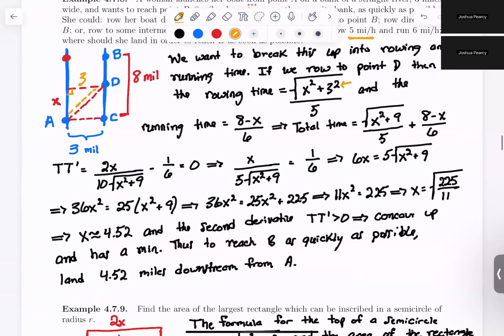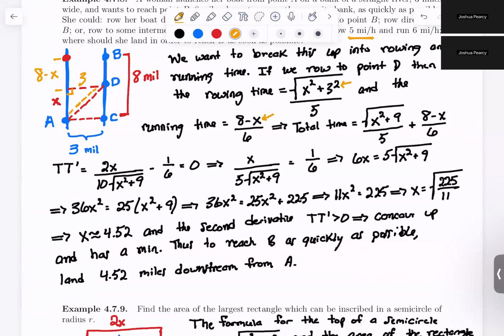Now we can find the actual running time. If she has traveled to point D, then the running distance she has left, if I look at this side here, is 8 minus x.